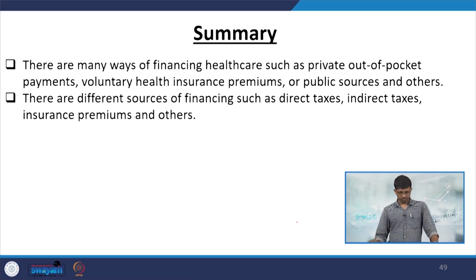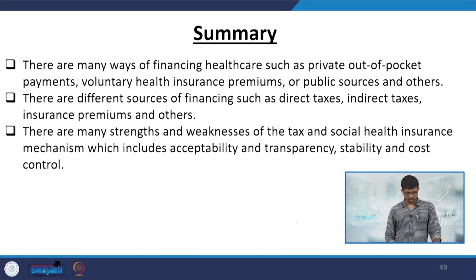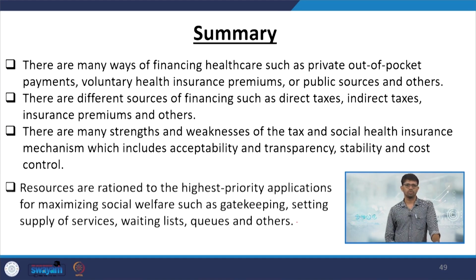And we also compared these two models, and there are many strengths and weaknesses we identified for both, that is tax and social health insurance mechanisms, in terms of their acceptability, transparency, stability and cost control.